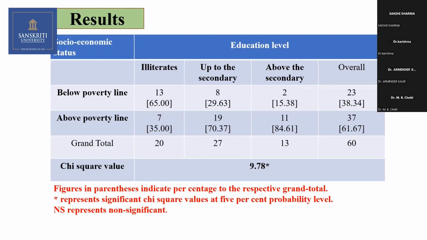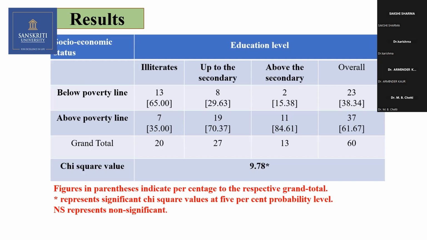Dikeshwar, actually the null hypothesis here says that the education level and the poverty or the socioeconomic status are independent of each other. Suppose they are independent, then the percentage should have been 50-50. Whether they're above poverty line or below poverty line, they should have been 50-50, isn't it?